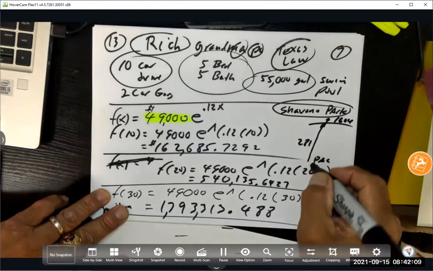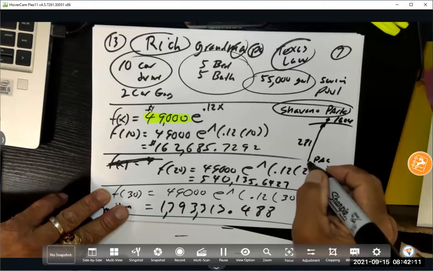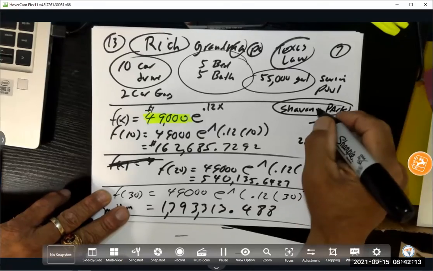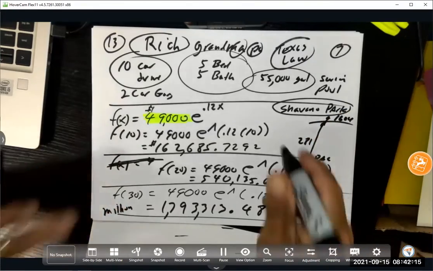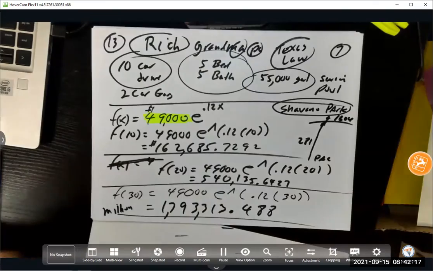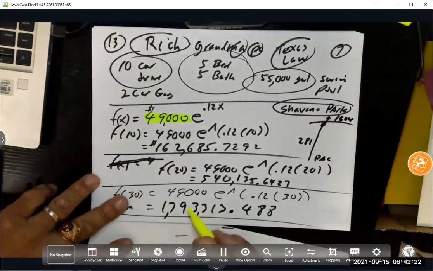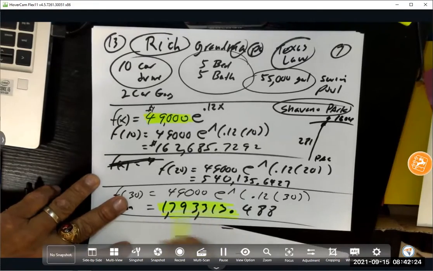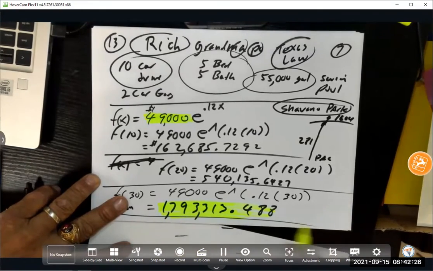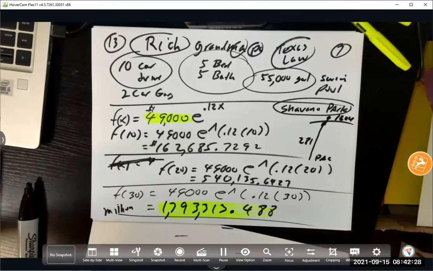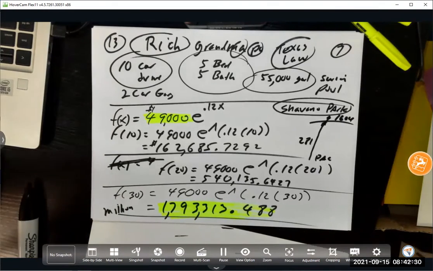Way out there, north side, like 35 miles from here. Just keep going north. That's where the rich grandma and grandpa live. So when they sell their house, they expect to get this much money. Does that make sense? Because houses in their neighborhood are jumping up super fast, and people want to live there in Chavano land.